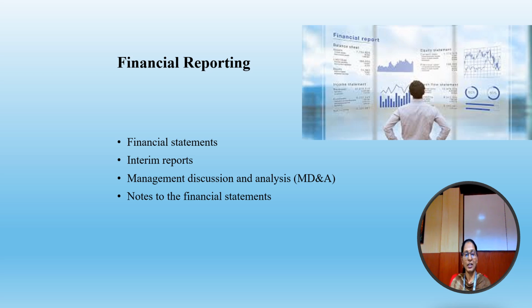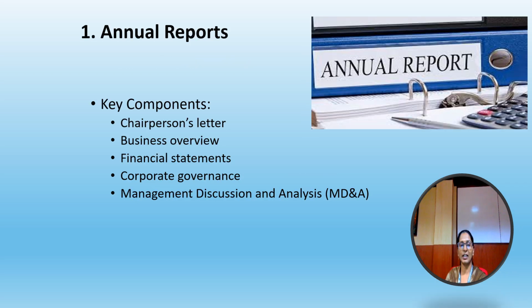So financial reporting includes disclosing their financial performance through the annual reports, through financial statements, interim reports, management discussion and analysis, and also notes to the financial statements. Let us understand each component of financial reporting. So let us begin with the annual reports.